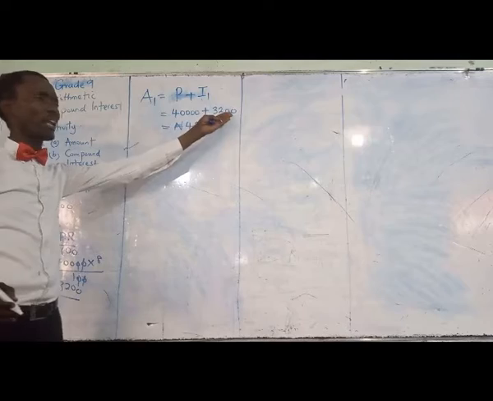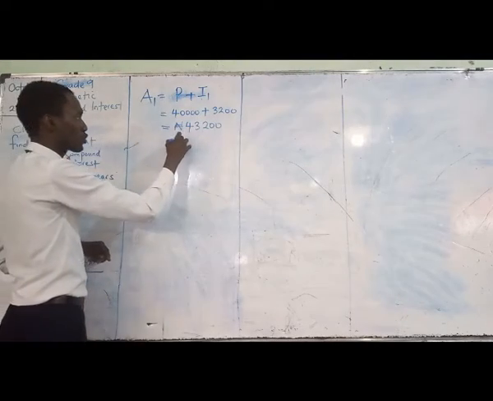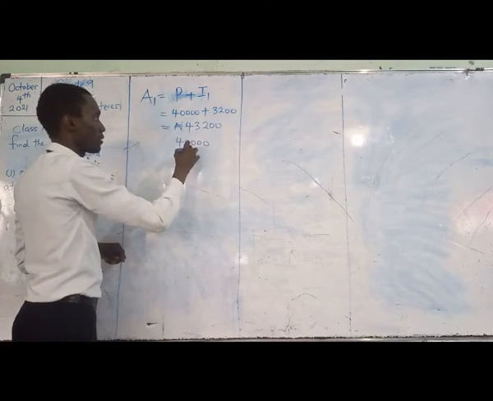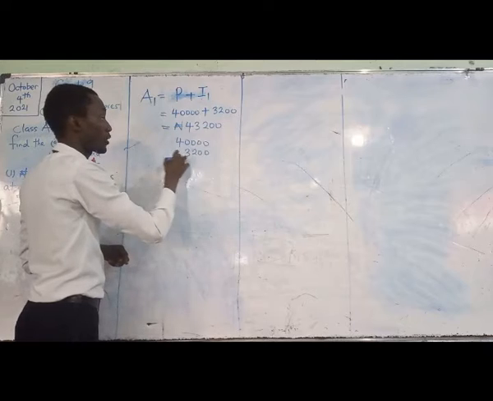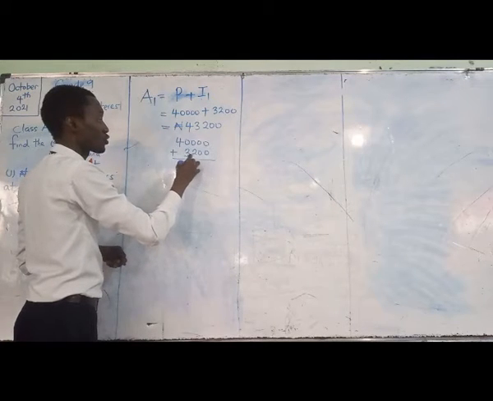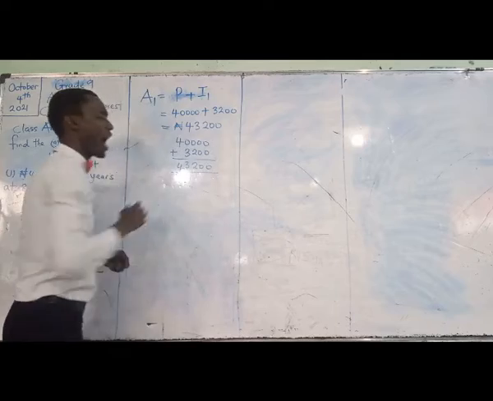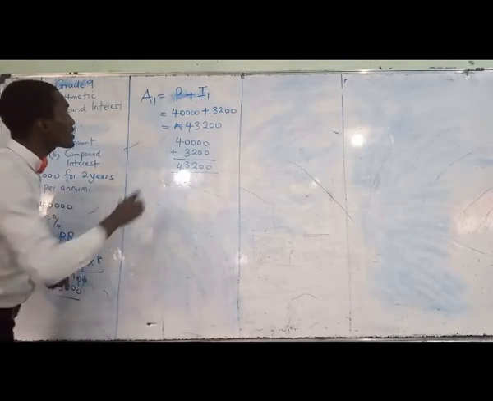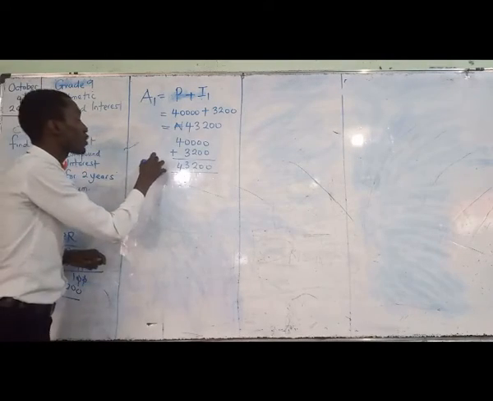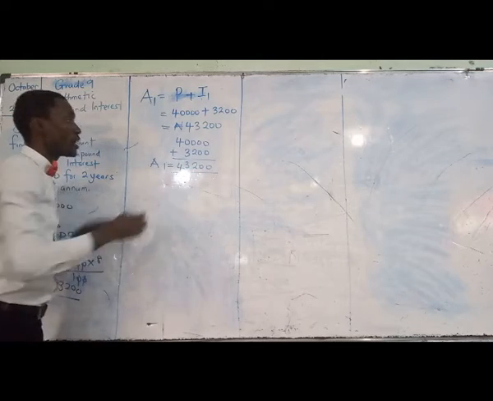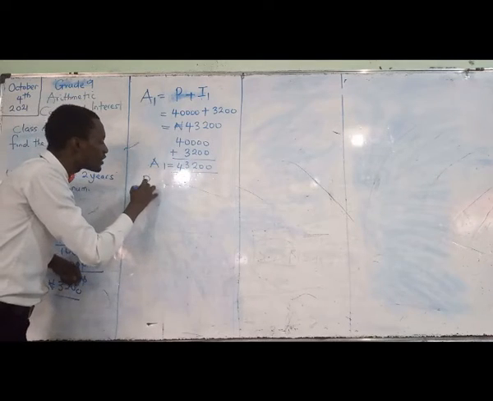Now, if you are not seeing clearly what we have done, remember your primary school approach. It's important. That's why you were taught this, so you can easily see what has happened. So this one you have gotten, which is your A1, becomes the principal for the second year.